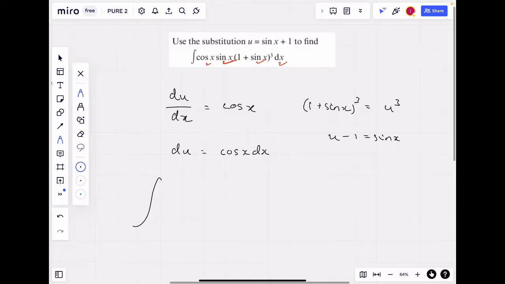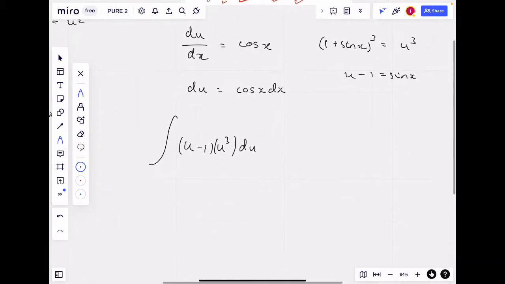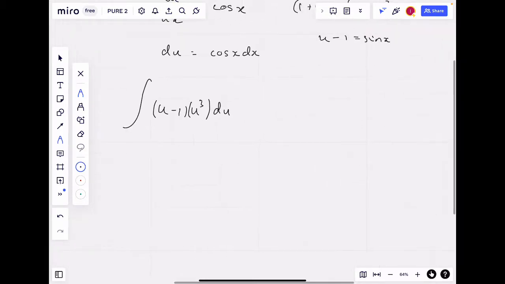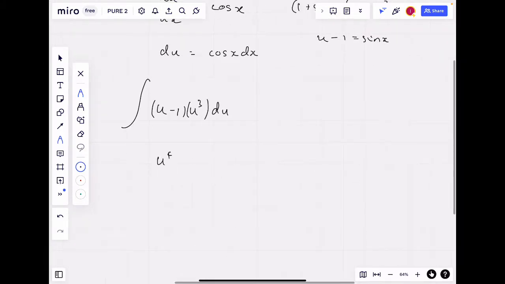So our integral would be u minus 1 in brackets, u cubed in brackets, and then du. Now we can simplify and integrate. So u to the power 4 minus u cubed du. Let me rewrite that 3 and 4. There we go.